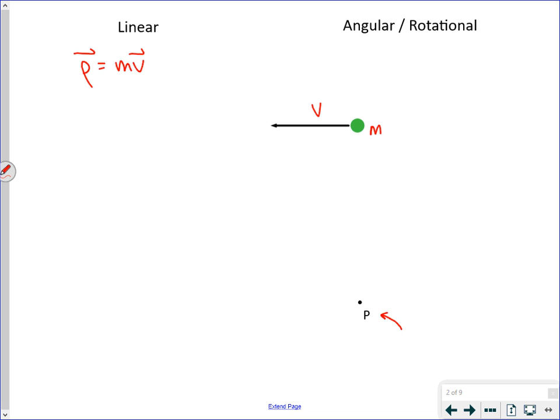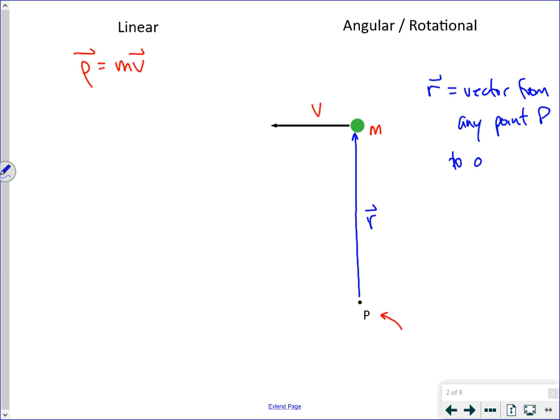And I do that by use of what's called a position vector, r. r does not mean radius. r means vector from arbitrary point in space to another point in space, in this case, the location of an object. So r is vector from any point P, let's call it, to our object's position.